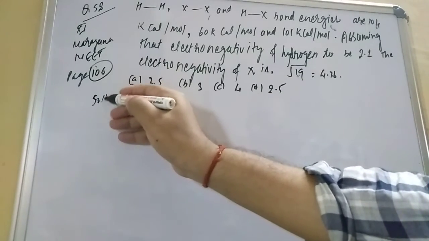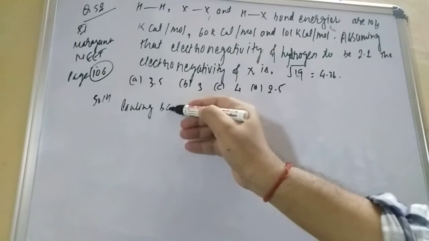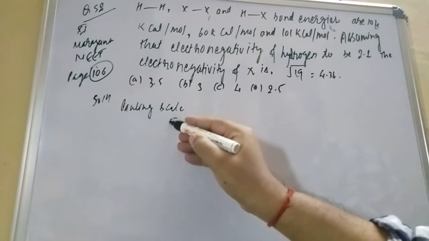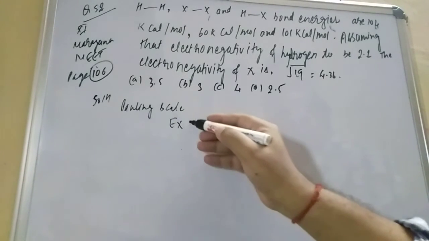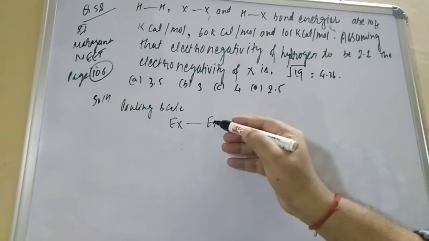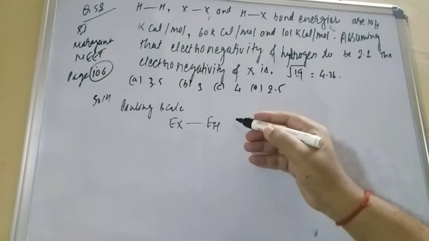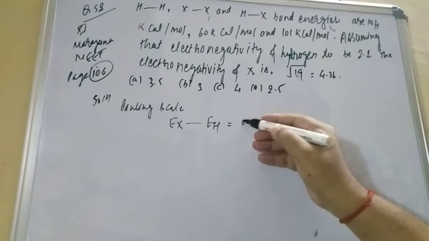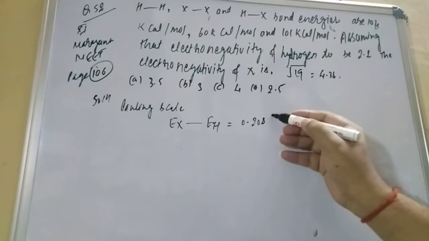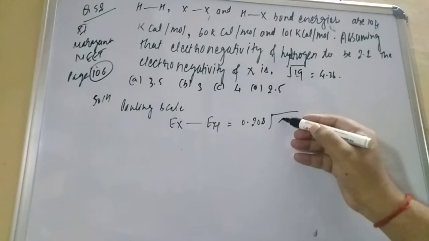Let us see. They have given the Pauling scale, which is given by the equation: electronegativity of X minus electronegativity of H. Here EHX is the bond enthalpy of HX, given by the empirical relation 0.208 times the square root of delta, where in the bracket they have given the resonance enthalpy.